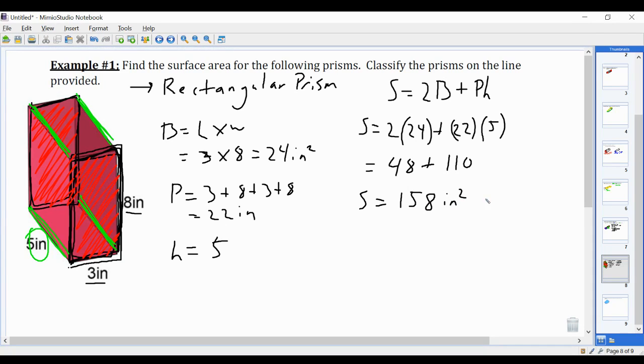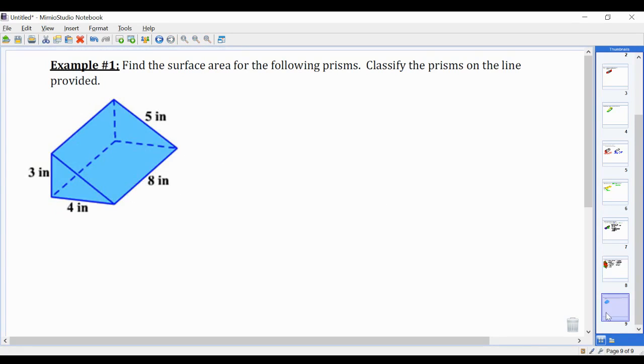Okay. Last problem. We have a triangular prism, but that's okay. Our formula will still work. So our first instruction is to classify the prism. Well, our base here is a triangle.